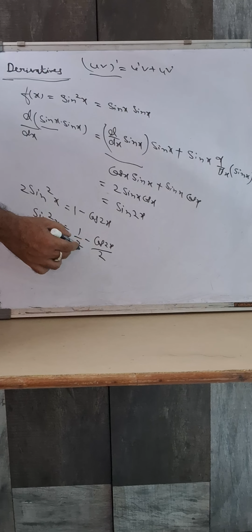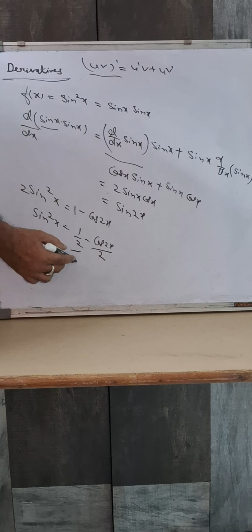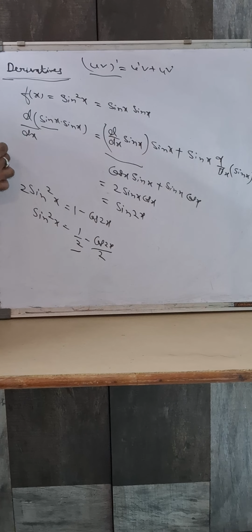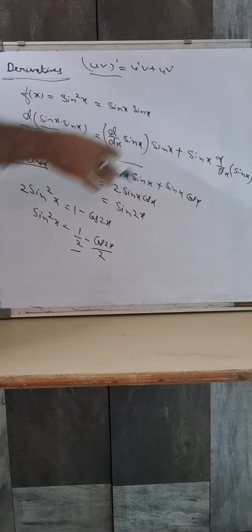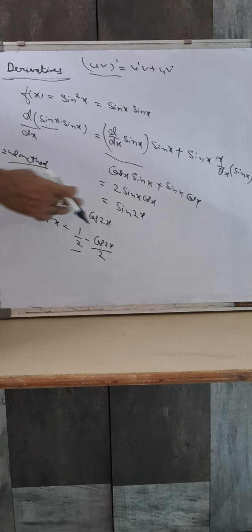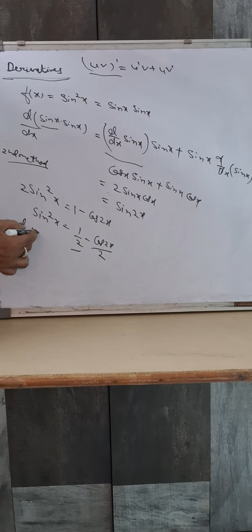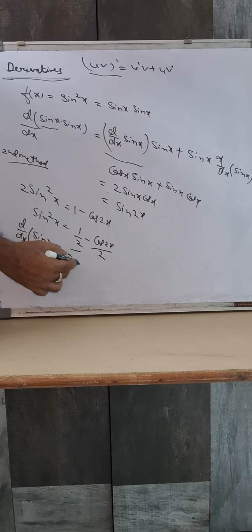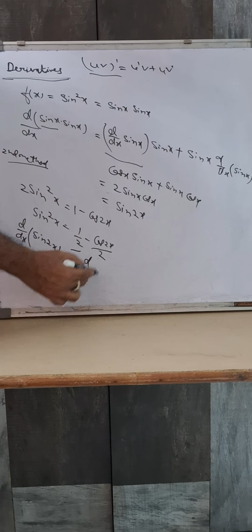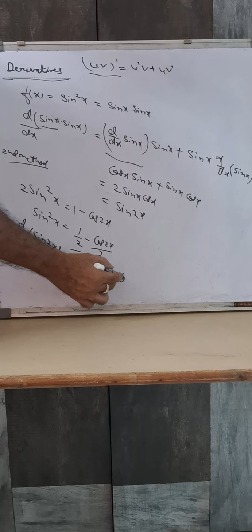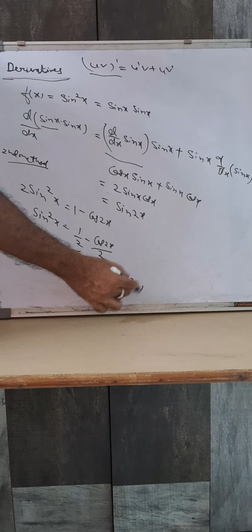Differentiation of a constant function is 0. Second method. You should not be confused. You can avoid this method, but sometimes you can take the help of this also. d upon dx sin square x equals d upon dx of 1 by 2 minus cos 2x upon 2.